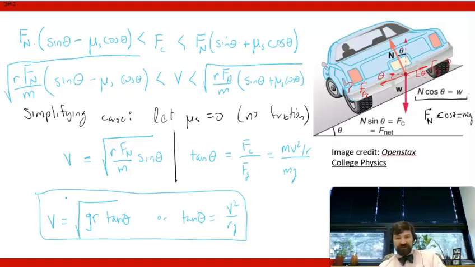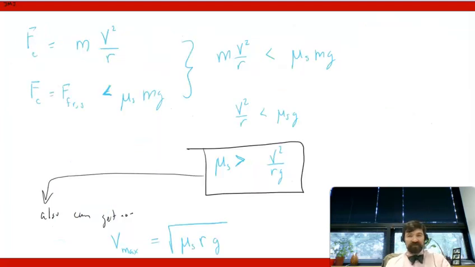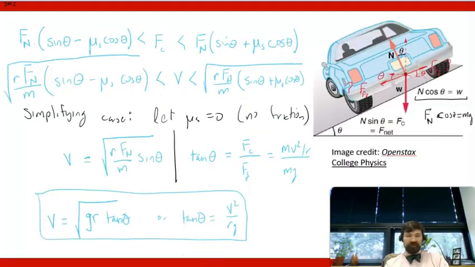And here we have a parallel to that, because the tangent of theta, v squared over rg, looks suspiciously like mu s is v squared over rg. When we say this has to be greater than, you could say it's like greater than or equal to. Alright, so that's kind of it.